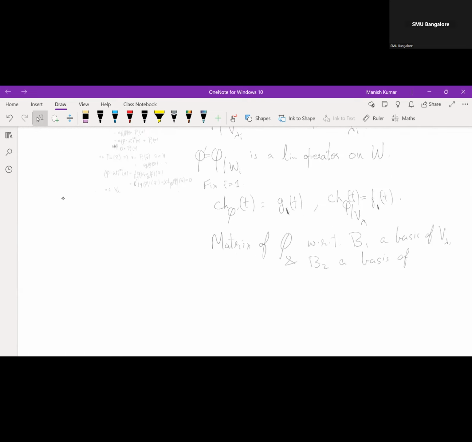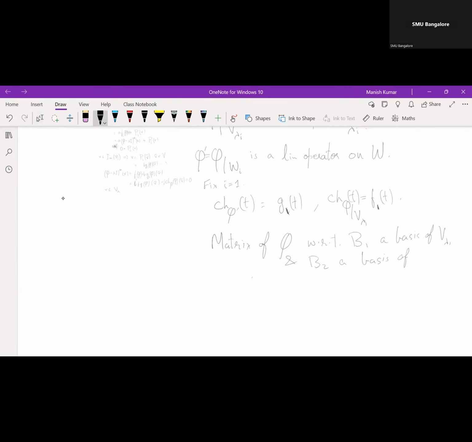In this induction step, once I prove that the characteristic polynomial of this is G1(t), then I can apply the induction hypothesis and say that W1 you can write as the sum of V lambda 2 to V lambda m, and hence the whole of V will follow. So let's try to prove that the characteristic polynomial is indeed this, and then we will be done. Then we will apply the induction hypothesis.